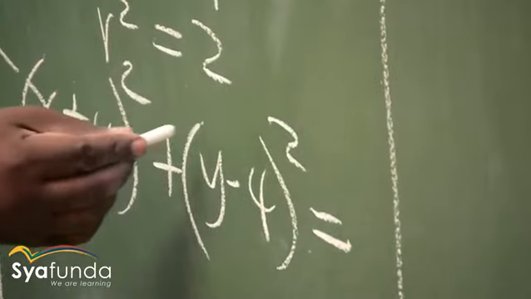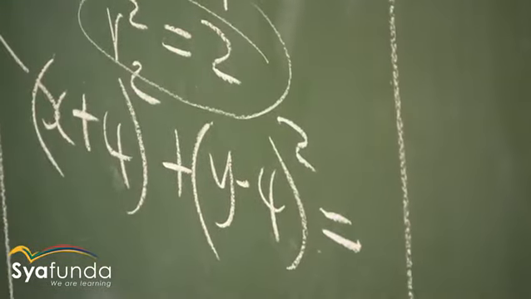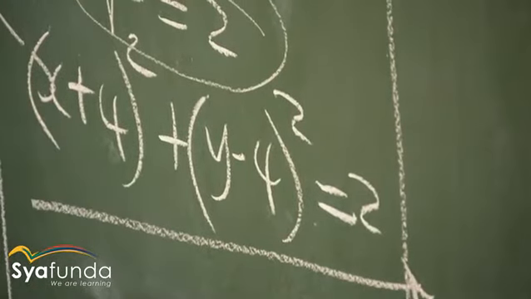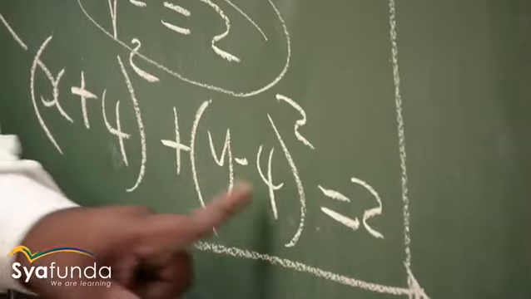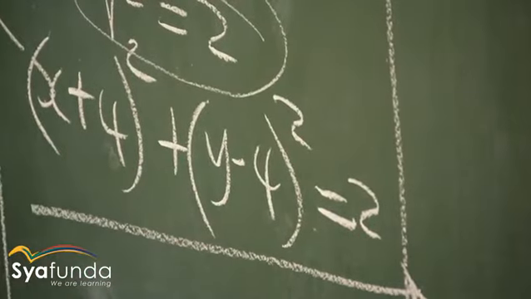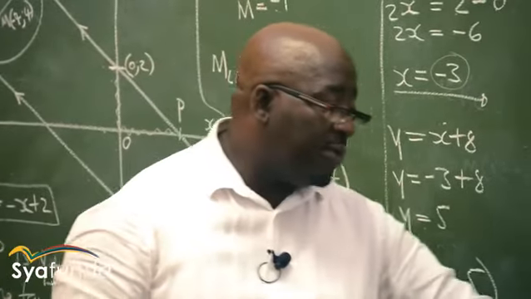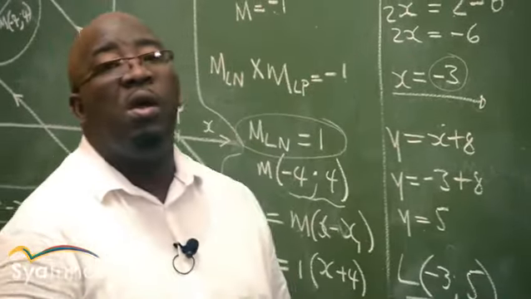What is r squared? We've just calculated r squared as the value of 2. So that is how we go about finding the equation. We want a, b, and r squared. In this case, r squared is 2. Remember, if the question is asking you for the radius, it will be the square root of 2. Thank you.